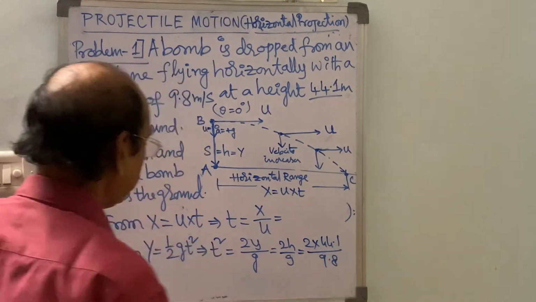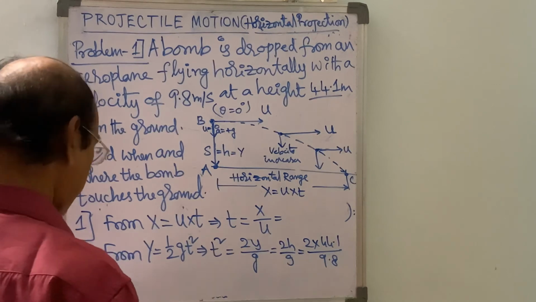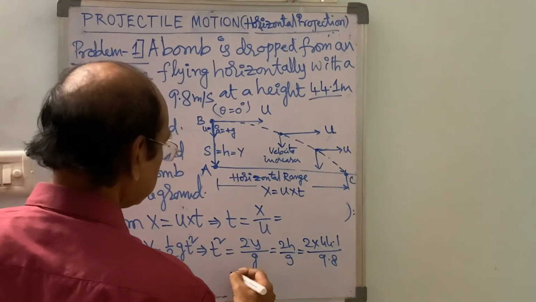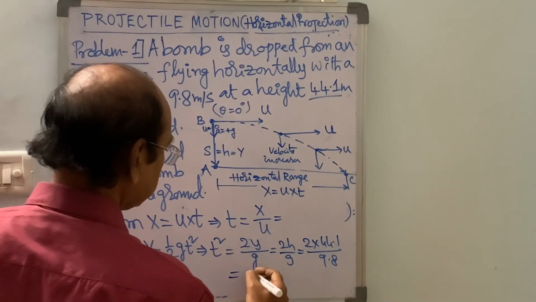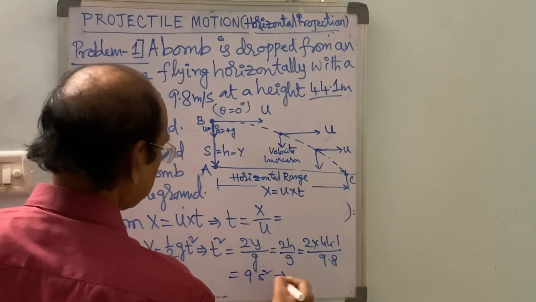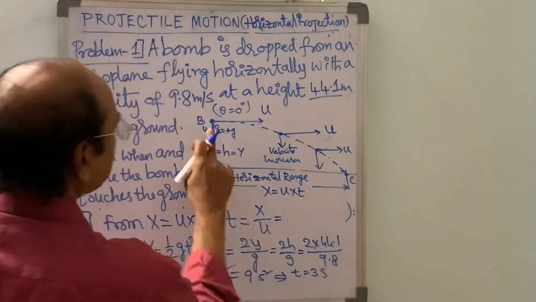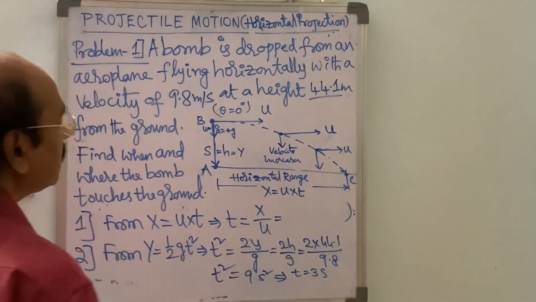Let us take the g value as 9.8. Therefore, its value is equal to 9 seconds squared. Therefore, t = 3 seconds. Therefore, after 3 seconds, it reaches the ground.